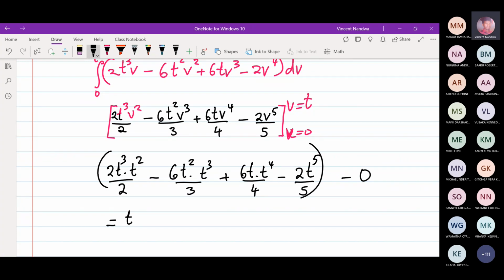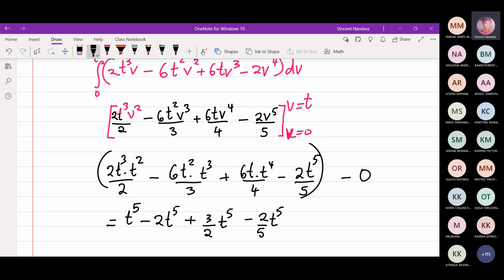When I simplify, the first term is T to the power 5. The second term is minus 2T to the power 5. The third term is 3 over 2 T to the power 5, and then minus 2 over 5 T to the power 5.